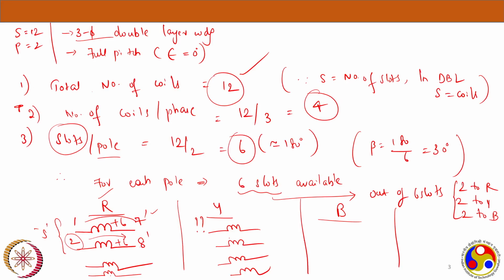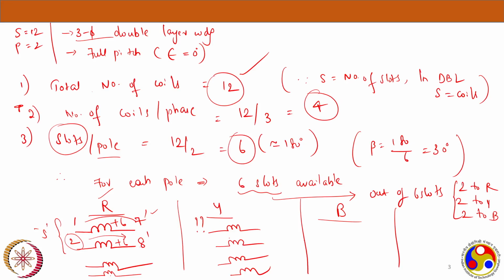Can anyone guess it? I'll give you a hint. Yeah, Dinesh, 120 degree, that's right. R and Y are 120 degrees separated in phase. You are close. Now, if it's 120 degree, how do you convert it into slots? Four slots.